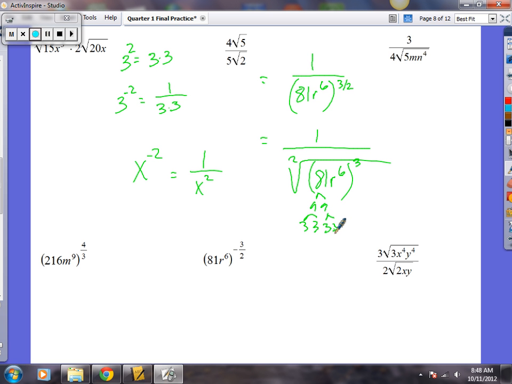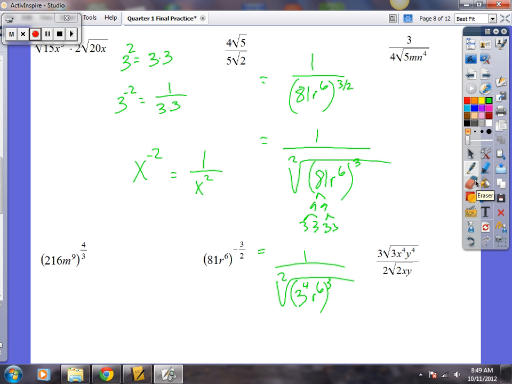Always do prime factors of a number under a radical. So you're going to have 1 over square root of 3 to the 4th r to the 6th, but that still needs to be raised to the 3rd power. So you need to take that 3 to everything.